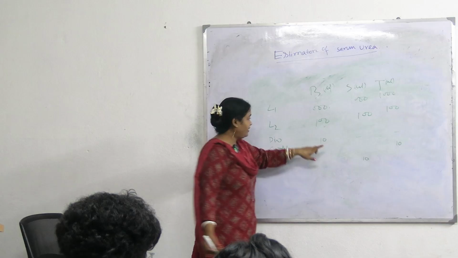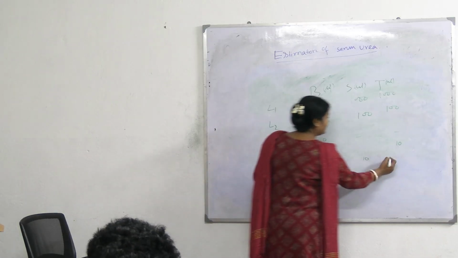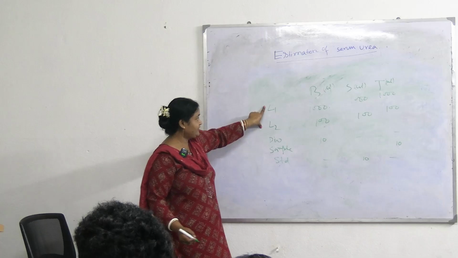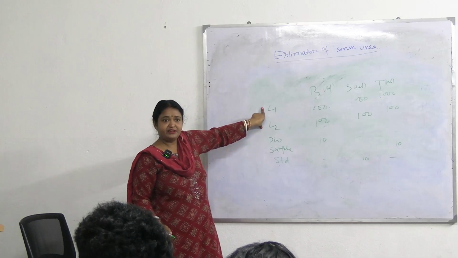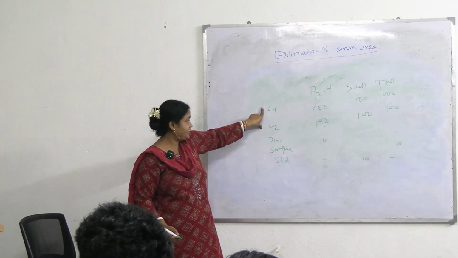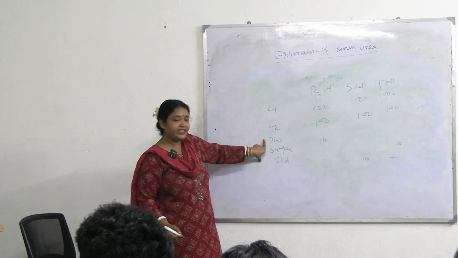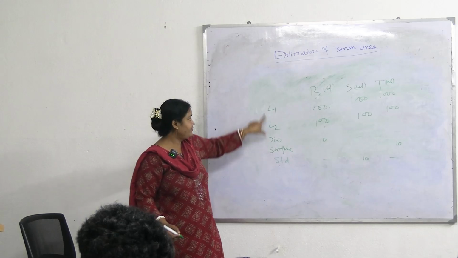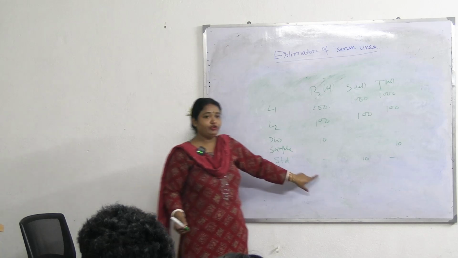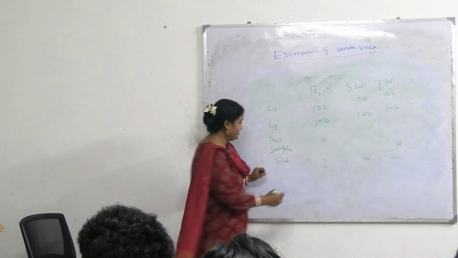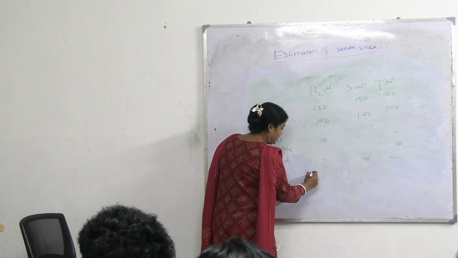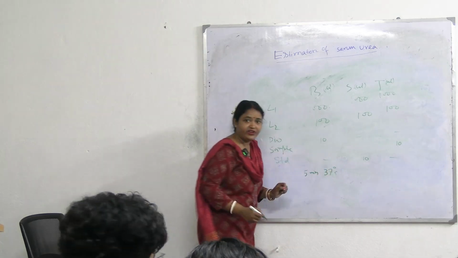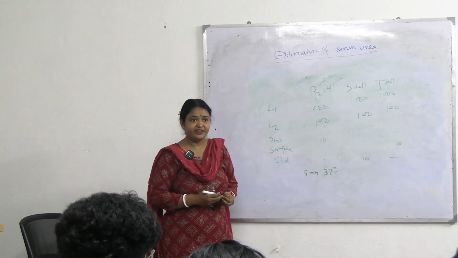Now this thing is the working reagent. You are making it with buffer and the enzyme reagent, and then you are adding it to see the absorbance. So this thing you will incubate for 5 minutes in a hot water bath, that is near about 37 degrees centigrade.